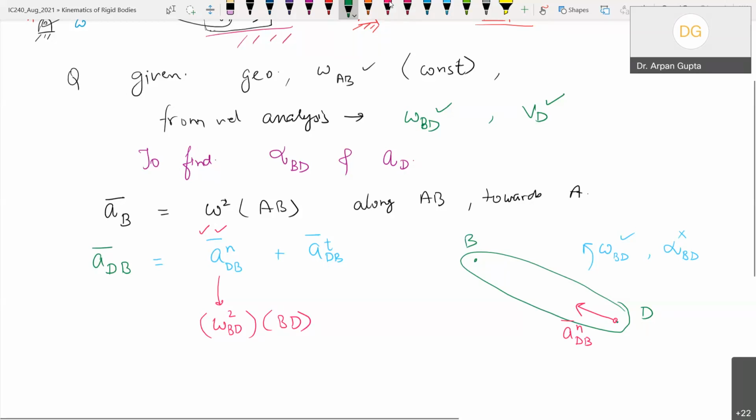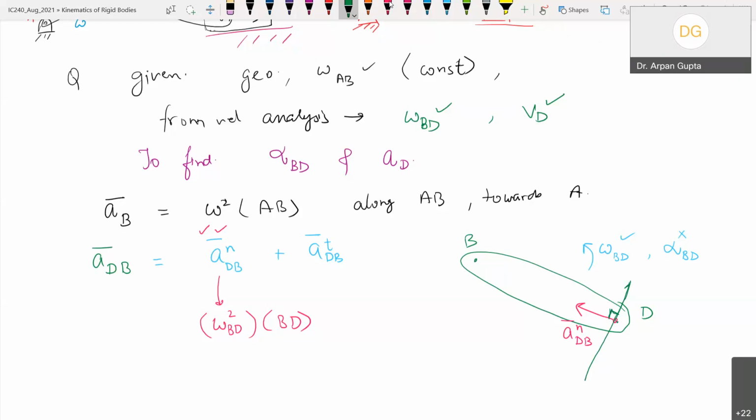The next comes acceleration of point D with respect to B, the tangential component. Since this body has an alpha, this point will have an acceleration. It can be in this direction or in this direction. We don't know the direction of alpha, but we know its line of action: it will be perpendicular to BD.